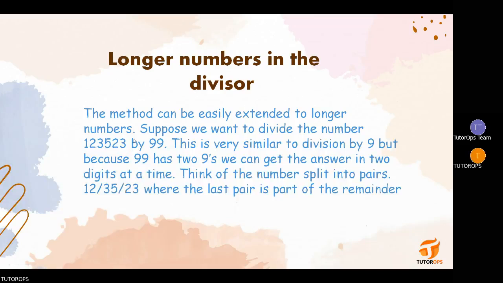Now I will divide the number so that the first part will be 12, the middle part will be 35, and the last part will be 23, where the last pair is part of the remainder. Why is the last pair part of the remainder? We know that we get the remainder after the last step of the division.